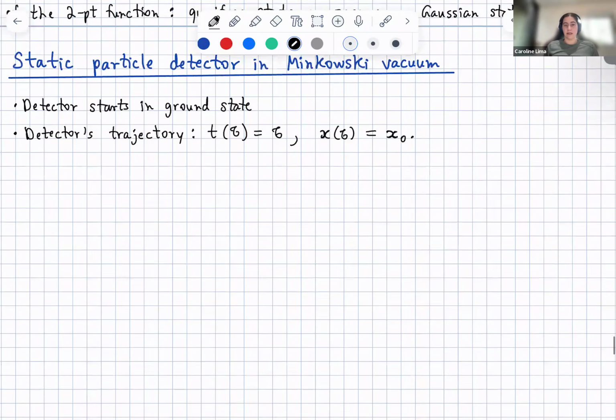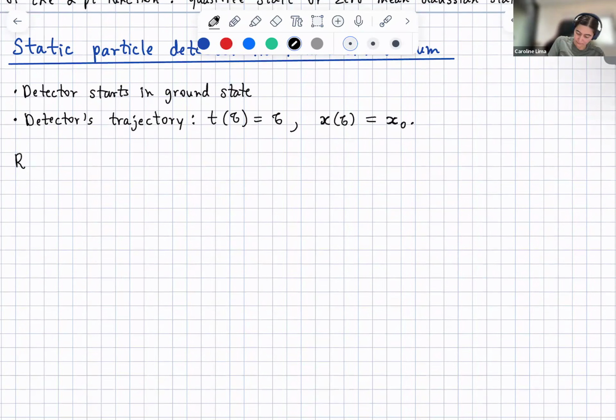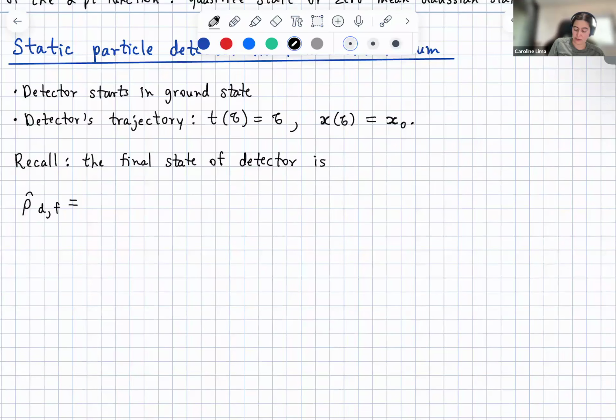All right. And remember that the final state of the detector that we computed before was 1 minus P, C star, C, and then P, plus higher order.